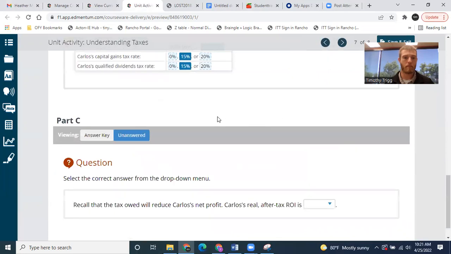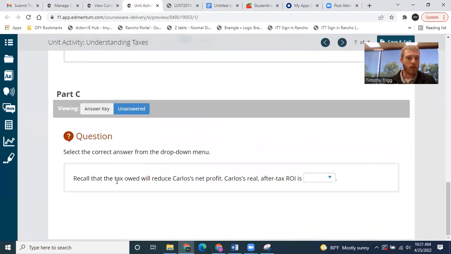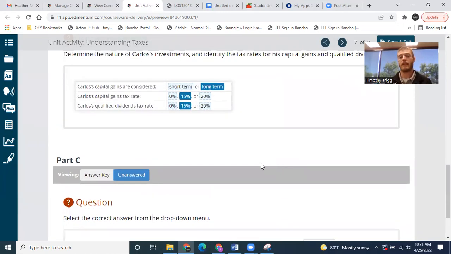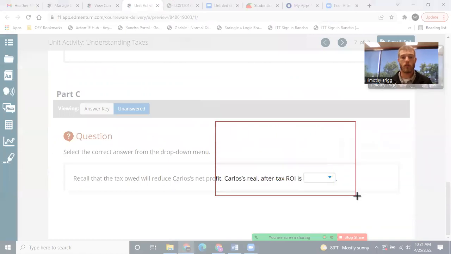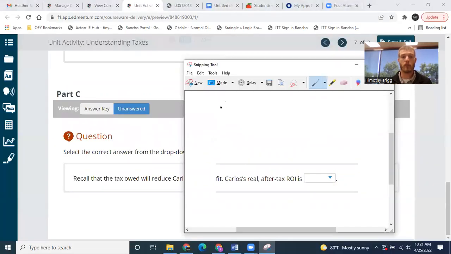Select the correct answer. Recall that tax owed will reduce Carlos's net profit. So Carlos's real after-tax return on investment is, first let's figure out how much tax he is going to pay. He's going to pay 15% of the income that he got, so 15% times the gains of 65.